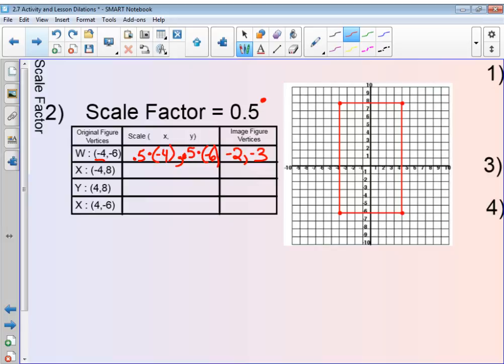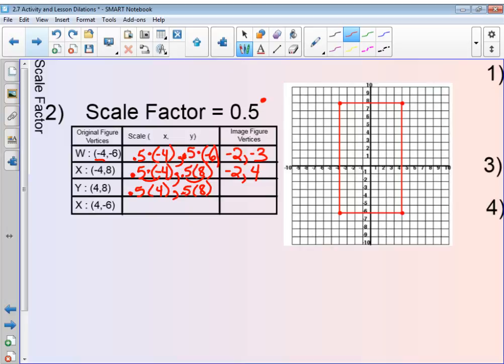So my next set is going to be 0.5 times negative 4 again, and 0.5 times 8. So now if I solve those, 0.5 times negative 4 is negative 2. 0.5 times 8 gives me 4. Then 0.5 times 4 and 0.5 times 8.